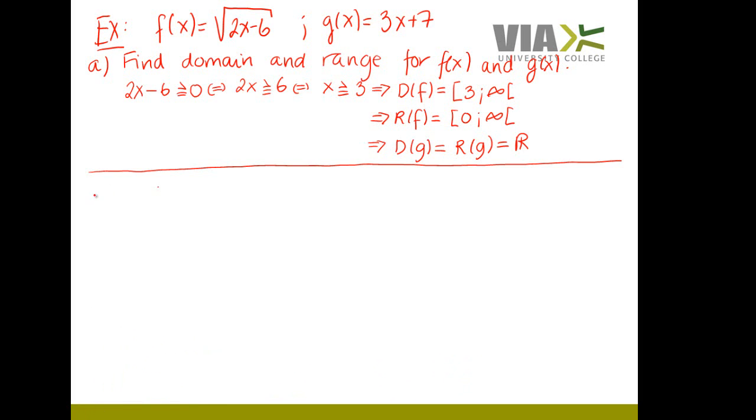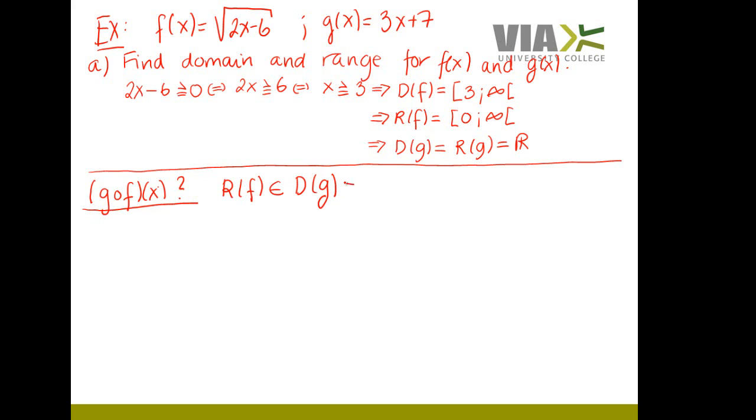And let's start by investigating whether the composite function g of f really exists. That's our question. If g of f should exist, then we just agreed that the range for f must be a member of the domain for g.